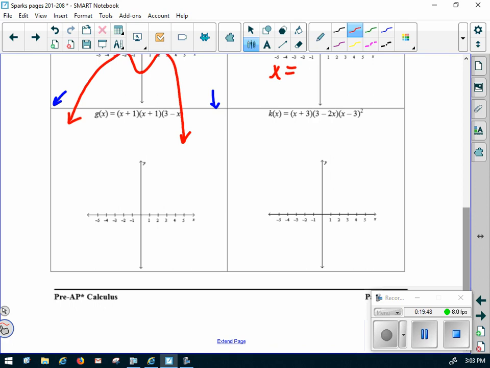This one? Okay, so we're doing this one. Okay, right here. So x equals what? Multiplicity of 3/2, multiplicity of, and multiplicity of.